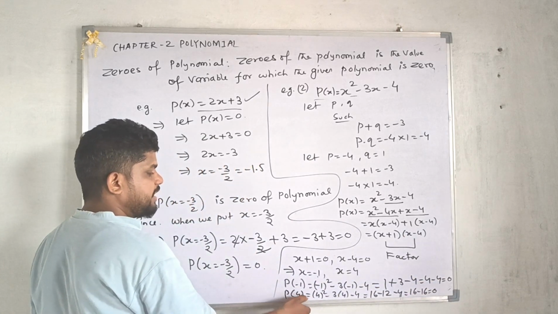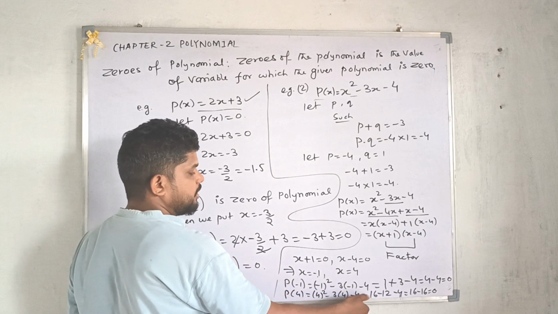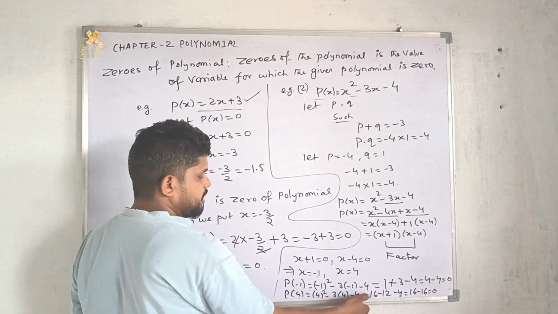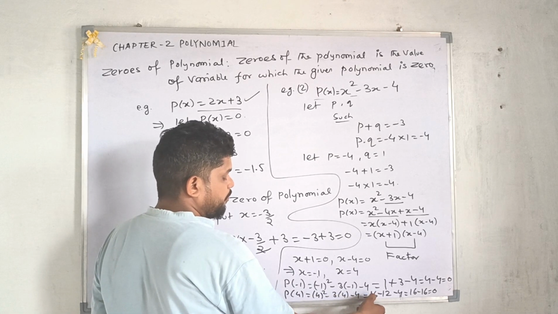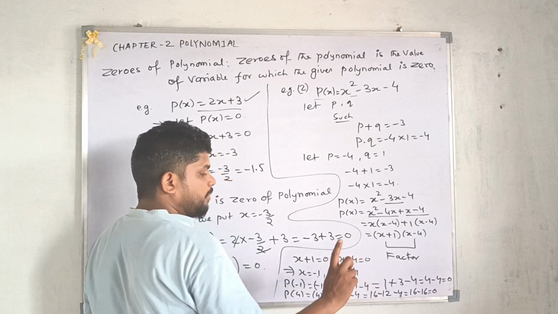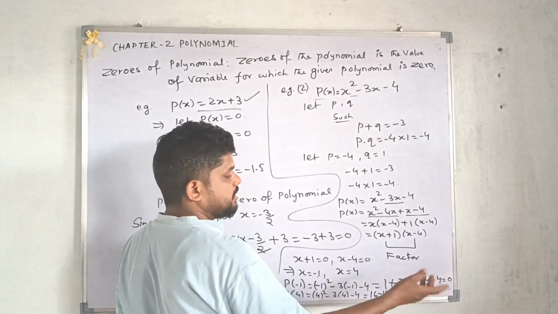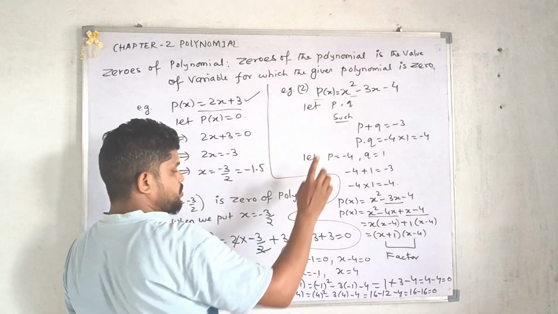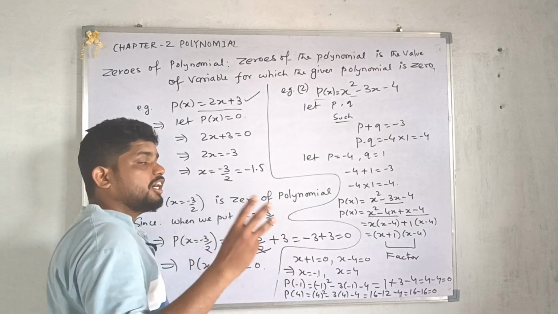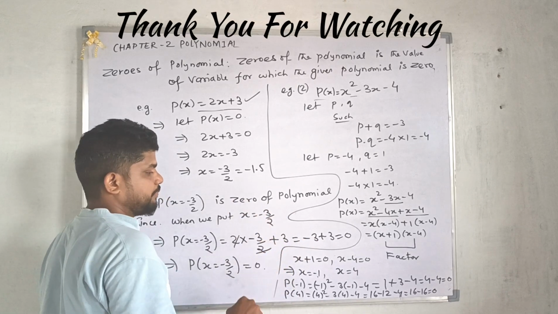Similarly, p of 4 is 4 square minus 3 into 4 minus 4, that is 16 minus 12 minus 4. 16 minus 16 is 0. Since it has degree 2, it has at most 2 zeros.